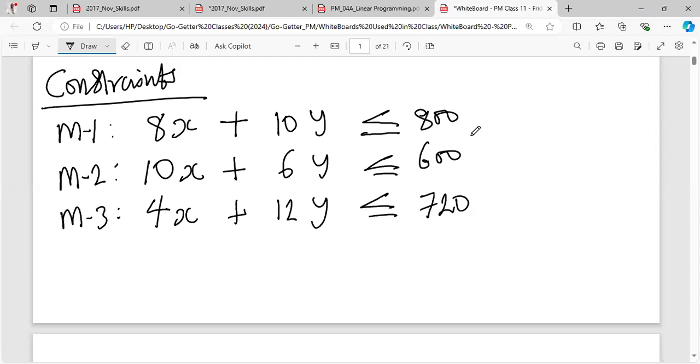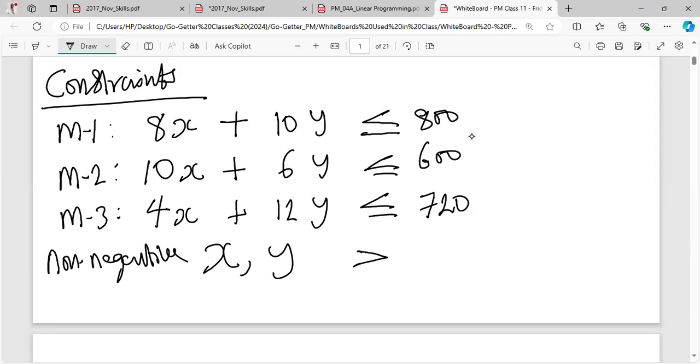How do we present it mathematically? We'll simply say the next constraint, which is called non-negative, we'll simply say x, y must be greater than 0, or it could be equal to 0.